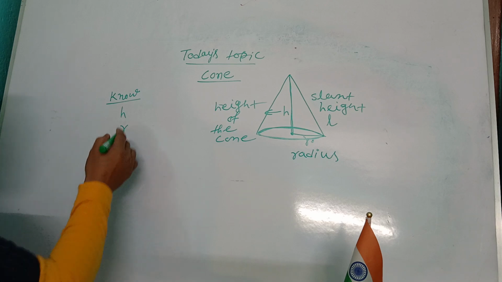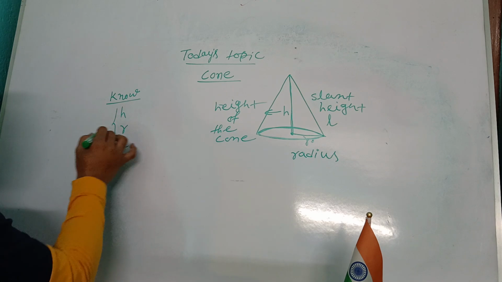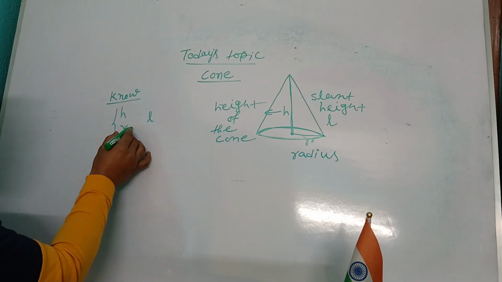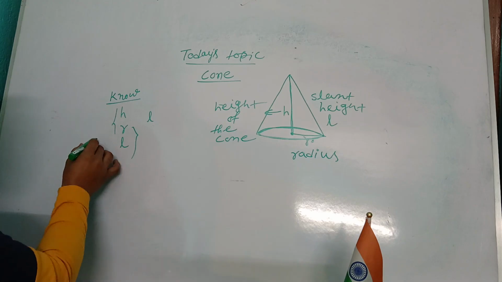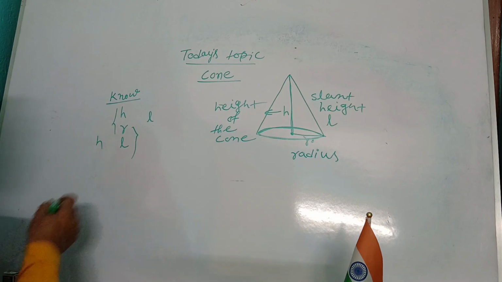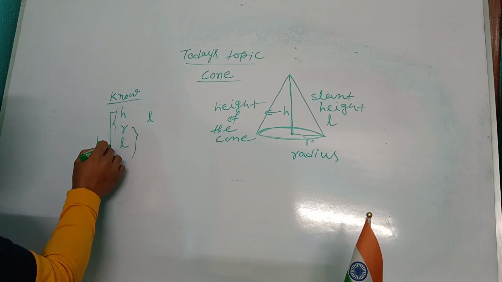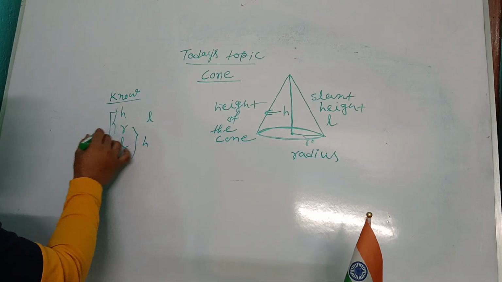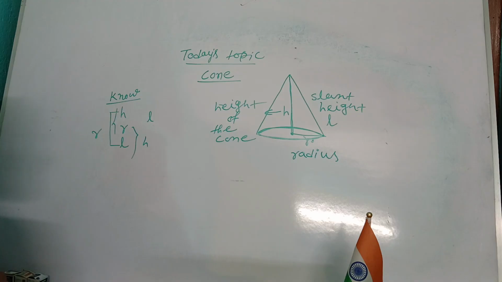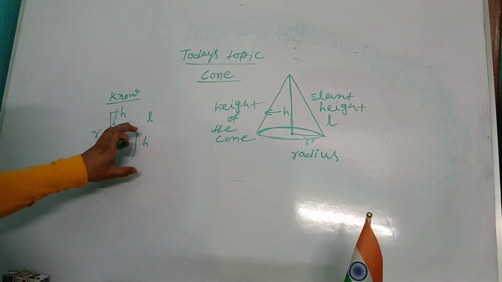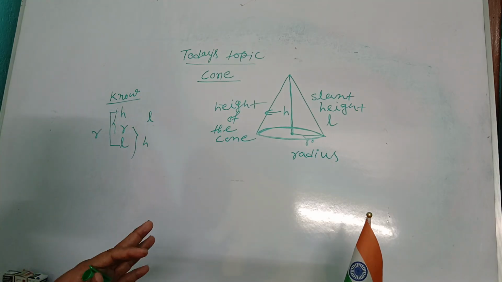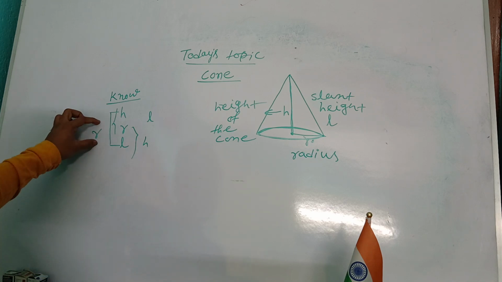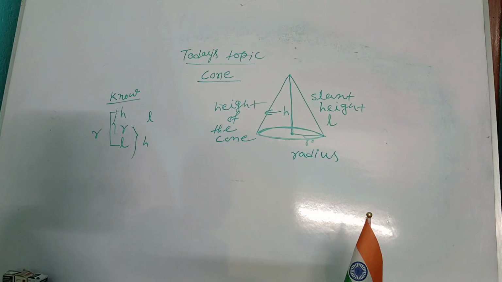Sometimes two of these are given and you have to find the value of L. Sometimes you have to find the value of h, and sometimes the value of R. Any two are given, and you have to find the third by using the given data.